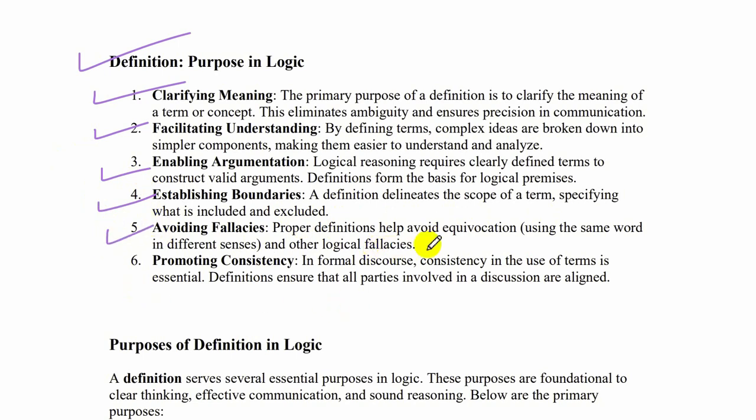Proper definition helps avoid equivocation, that is, using the same word in different senses, and other logical fallacies. Promoting consistency. In formal discourse, consistency in the use of terms is essential. Definition ensures that all parties involved in a discussion are aligned.